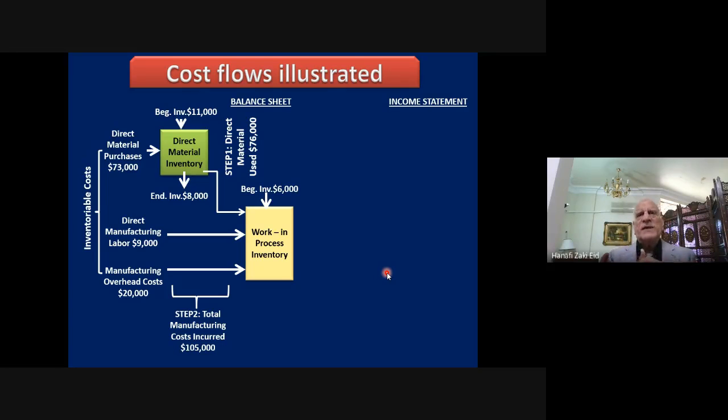At the end of the period, when we look at this total production, we will find that some of these units have been completed and ready to be sold. But there is another unit still under processing. So if we want to know the cost of completed units, we have to subtract the costs of ending inventory of work in process.